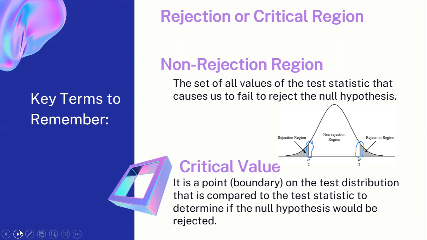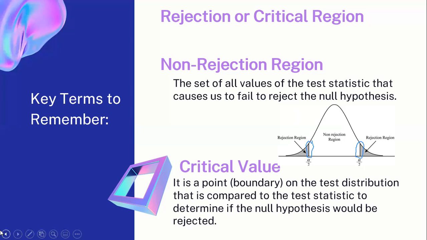So if you were able to compute, by using any test statistic, whether to accept or to reject your null hypothesis, and the value falls on this region, then you need to accept your null hypothesis, because the non-rejection region is also the same as the acceptance region.